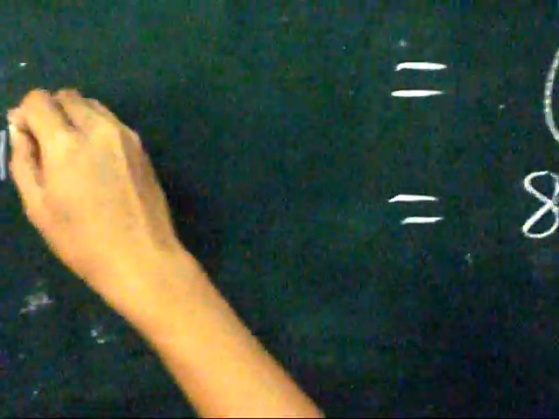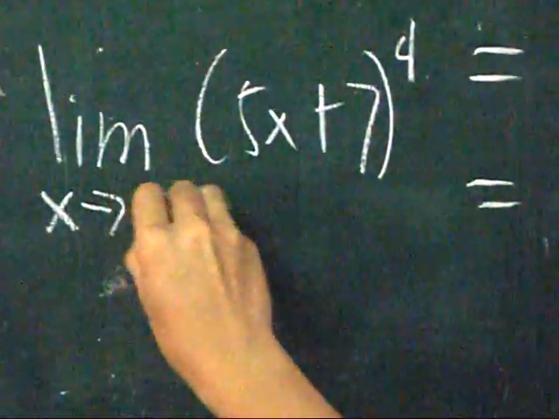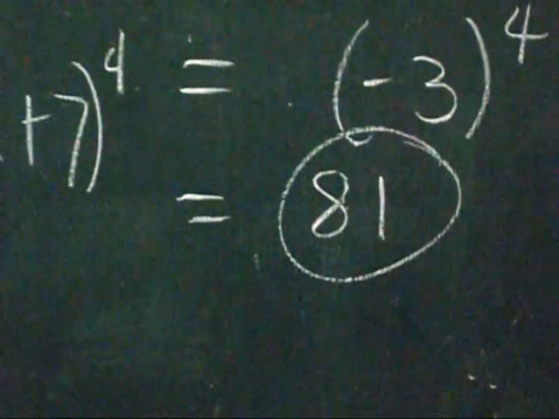So therefore, the limit of the quantity 5x plus 7 raised to the power of 4 as x approaches negative 2 is equal to 81.